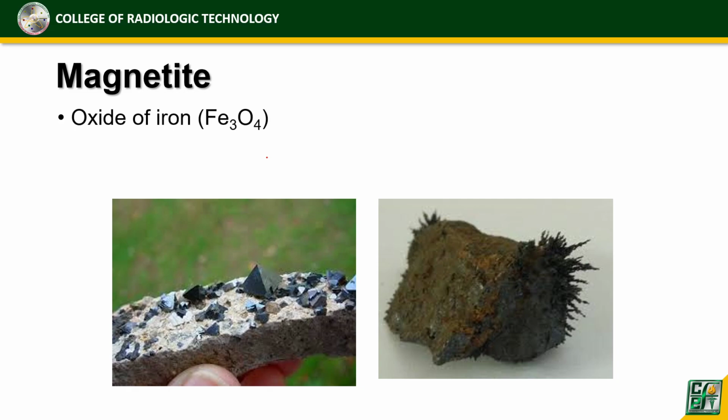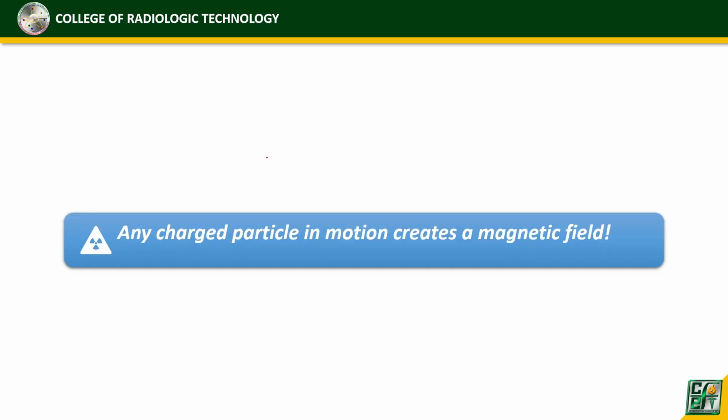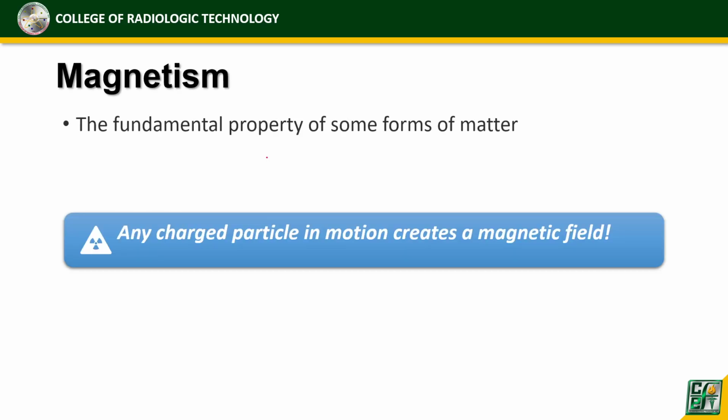So magnetite, or oxide of iron, or lodestone. So that is the origin of our magnet. Okay? So as we said earlier, magnetism is a fundamental property of some forms of matter.